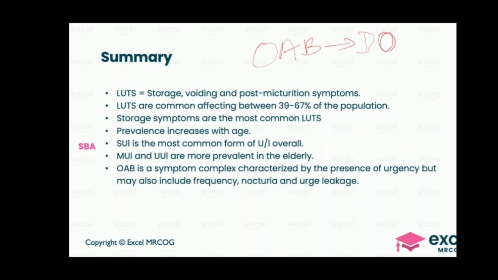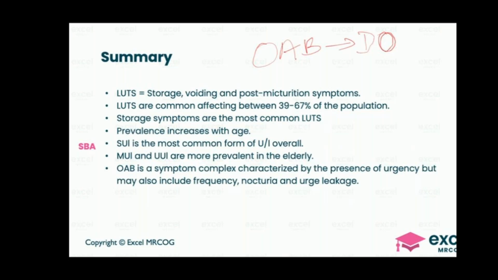Because of the overactivity of the detrusor, usually OAB is because of a detrusor overactivity. It may be because of other reasons like UTI as well, but when UTI is ruled out, it is detrusor overactivity more commonly.